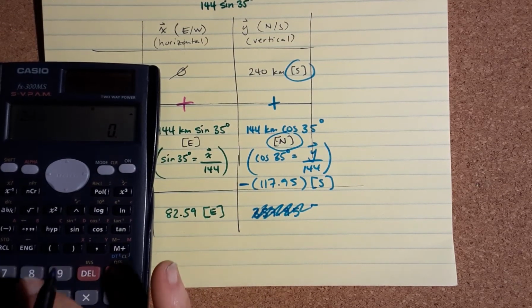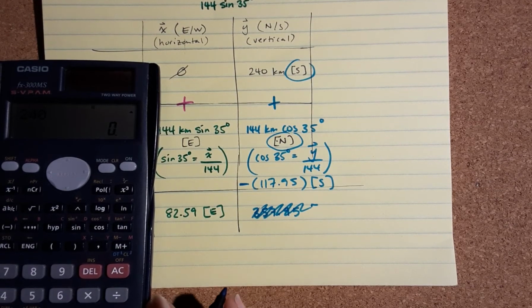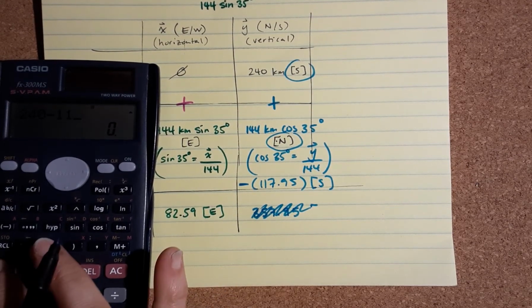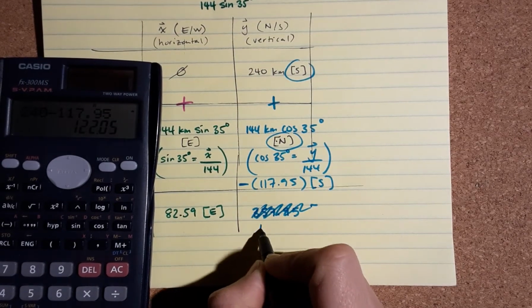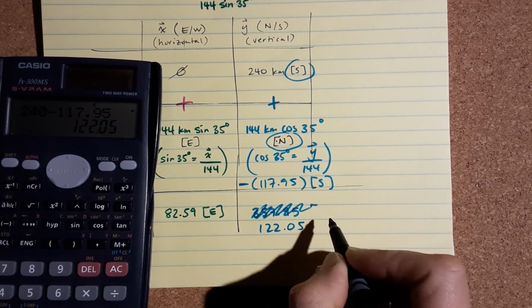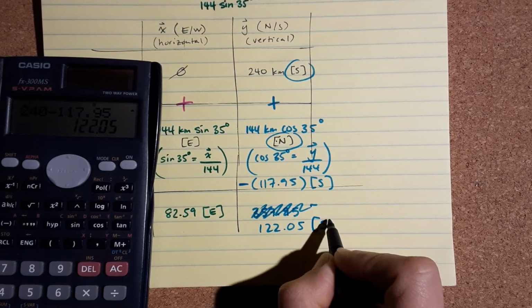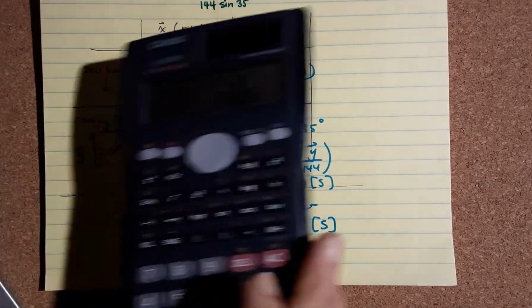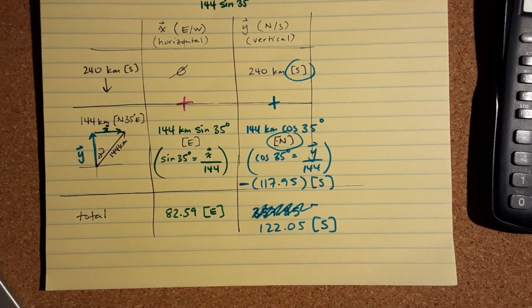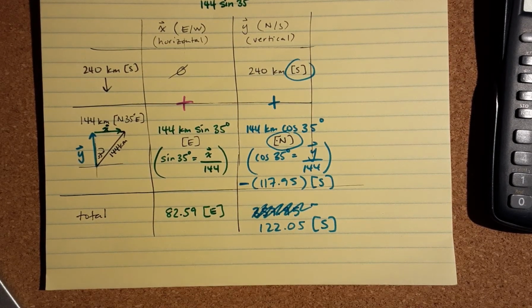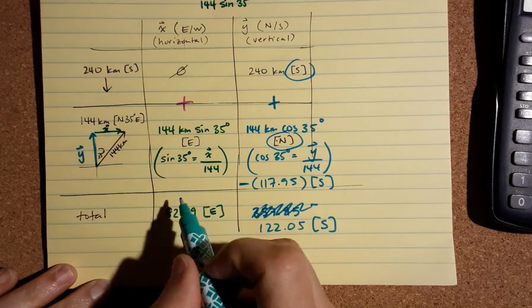And so anyway, that is not the answer. 240 minus 117.95, and I get 122.05. And that's going to be in the south. Okay. So now those are my two components, and I forgot to put in my units, but they're both kilometers.